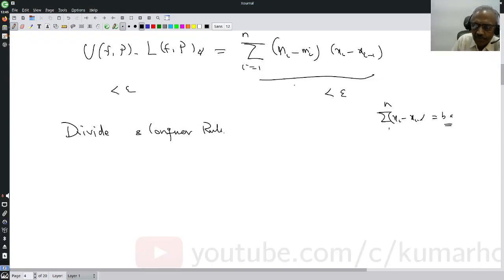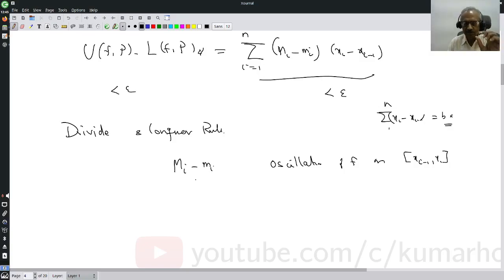So if you want to show this is less than epsilon, there are two things. Suppose this is M_i minus m_i, which is in some sense the oscillation of f on the interval [x_{i-1}, x_i]. Think of this as a maximum minus a minimum. If this one is less than epsilon, then this will be easier to estimate because epsilon is some finite thing. You understand that?